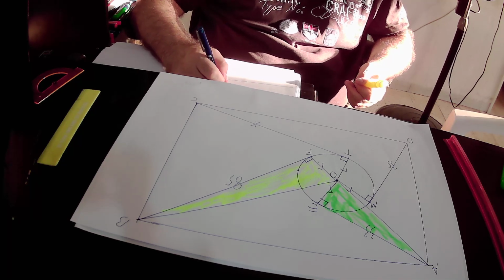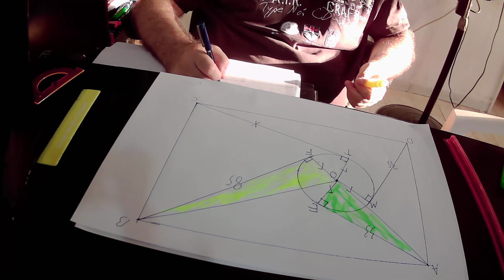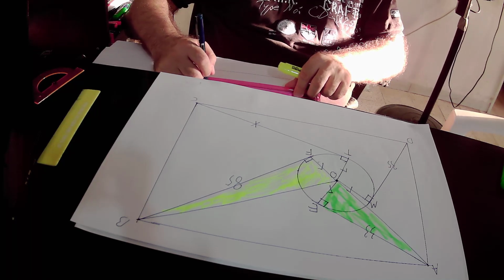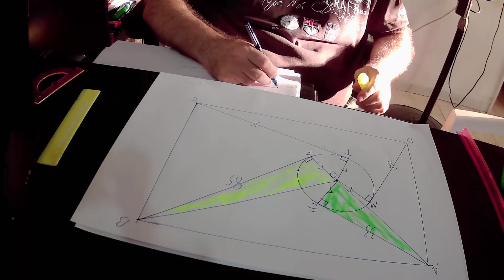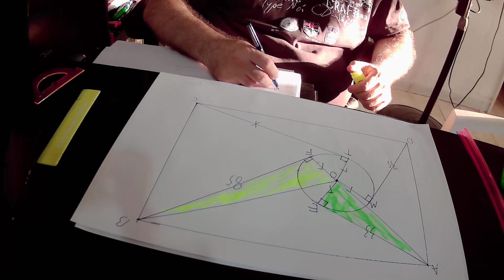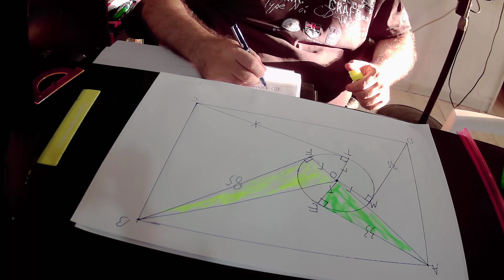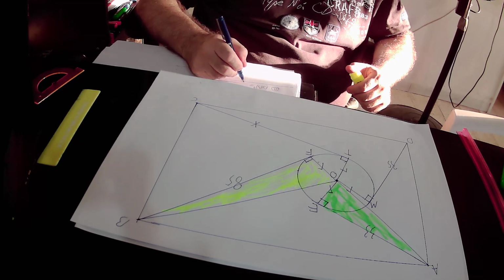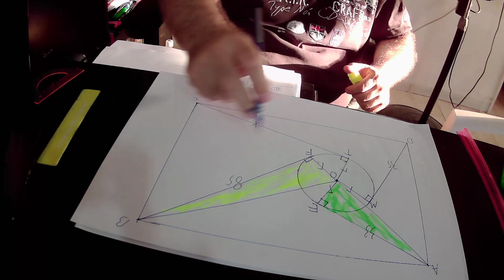Here, PT is an abbreviation for Pythagoras theorem. According to the Pythagoras theorem, OB squared equals OF squared plus FB squared.